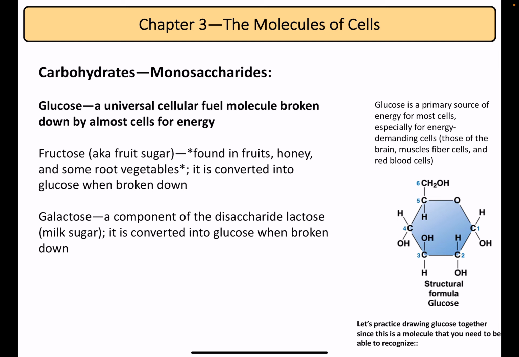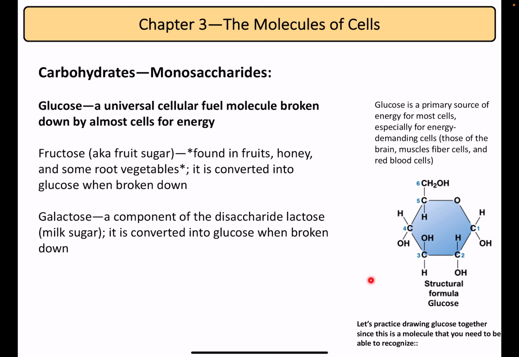So it doesn't matter if you're consuming glucose, fructose, or galactose, they all result in glucose, and they all result in the same amount of energy. In other words, we metabolize these three monosaccharides in the same manner.